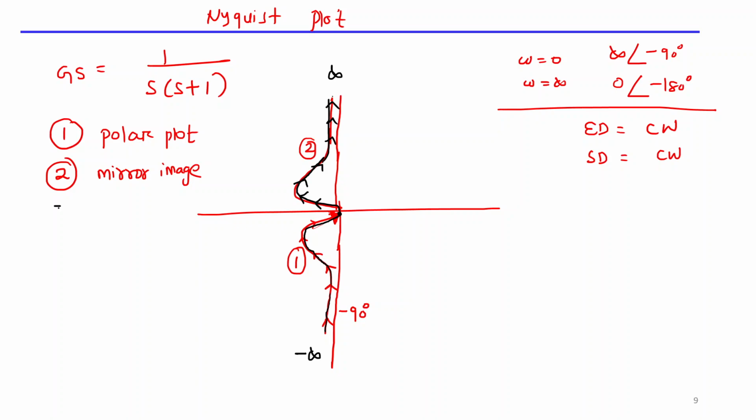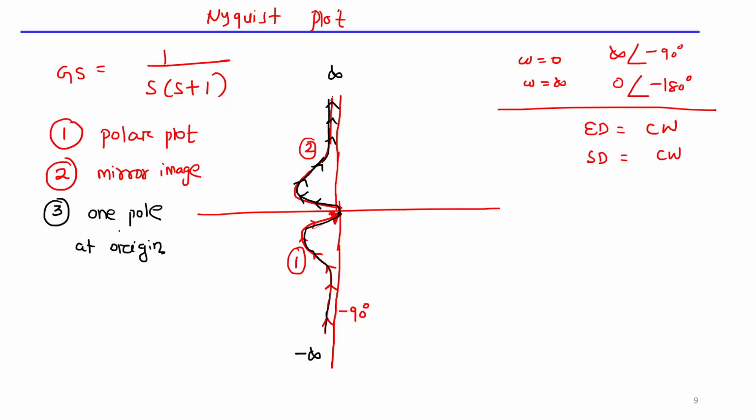Next, the third point. If in any transfer function, suppose s is there, I'm telling the third step: you just see the number of poles and zeros at origin. So how many poles and zeros at origin, sir? One. One pole, you just write down one pole at origin, right, sir? Okay, sir.